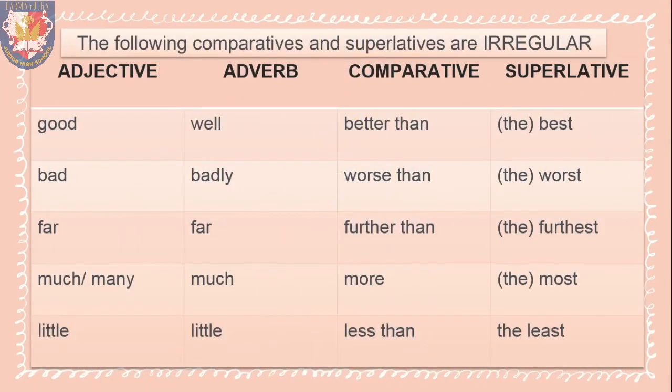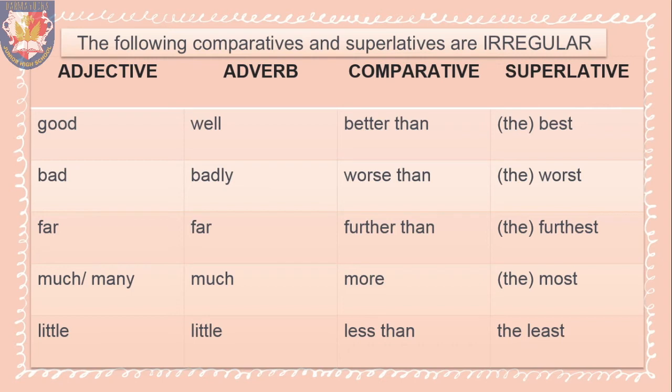The following comparatives and superlatives are irregular. For example, if the adjective is good, the adverb will be well, and the comparative and superlative are better than and best. While bad, the adverb is badly, and the comparative and superlative are worse than and also the worst.